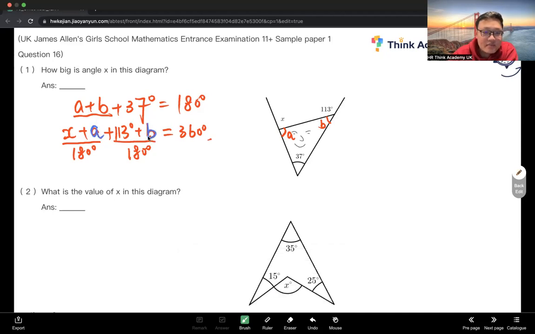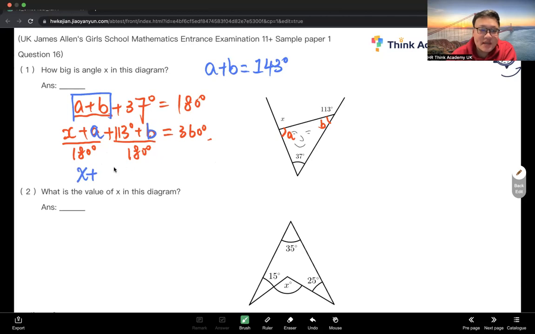So A plus B equals 180 minus 37. Can anyone tell me 180 minus 37 equals what number? It's 143, right? 143 degrees.